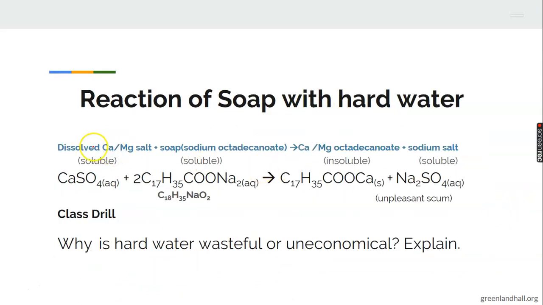This is what I'm talking about. The dissolved calcium or dissolved magnesium salts react with the soap, which is sodium octadecanoate.